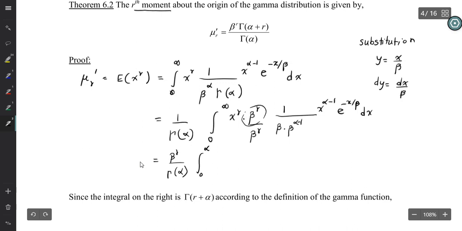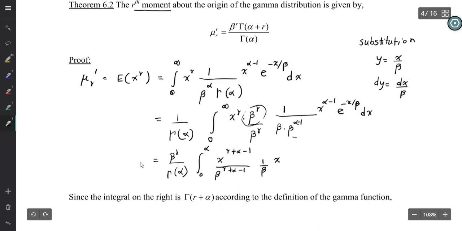Then we have our x terms, x to the r plus alpha minus 1. And beta also we have the same thing. We have extra beta, we'll write it later, but beta also we have r here. And then we have alpha minus beta, and we have extra beta here.